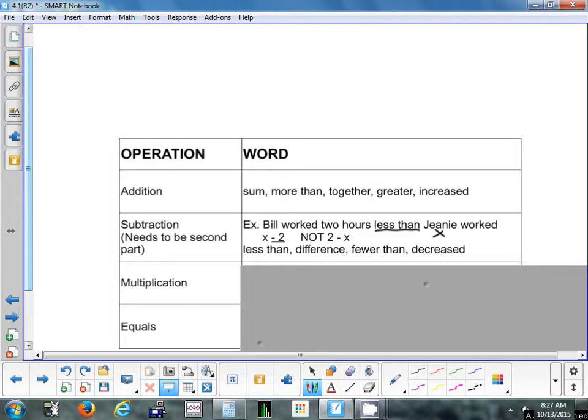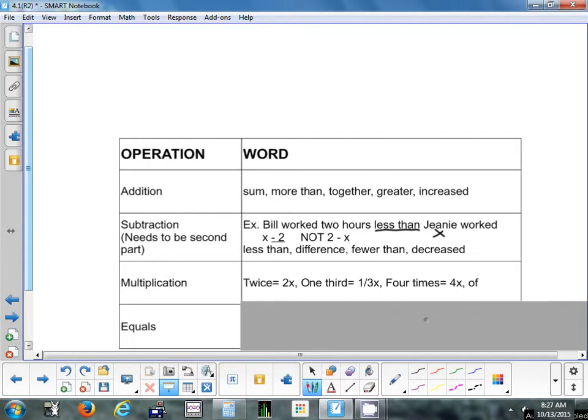Product of. What's another way to say multiply? Times, yeah. Okay, I'll just add in product here. Twice. Okay, we saw that one in the last problem. Twice, was it twice Paul's age? 2 times P. Or 4 times Paul's age would be 4 times P.